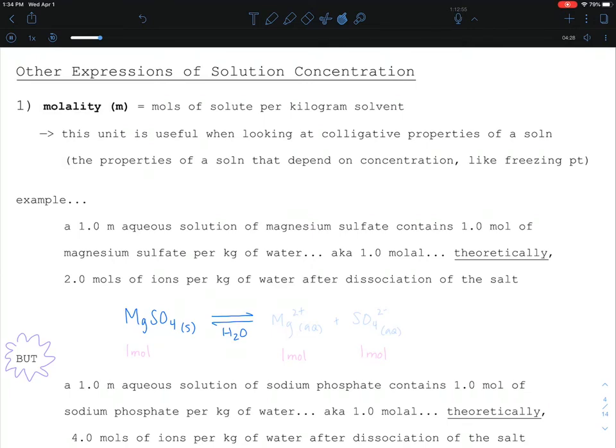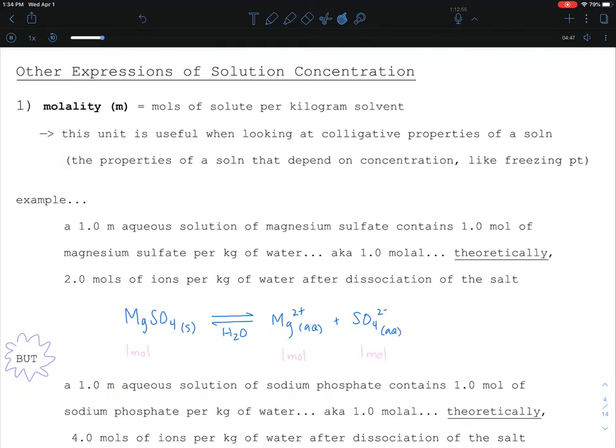What ends up happening is, theoretically, the salt will dissociate into its constituent ions, and you get magnesium 2 plus and sulfate 2 minus.